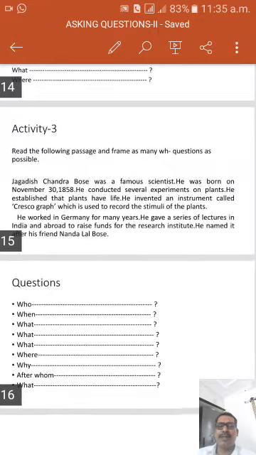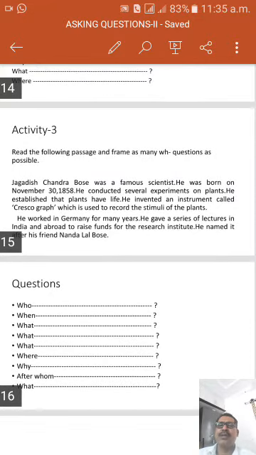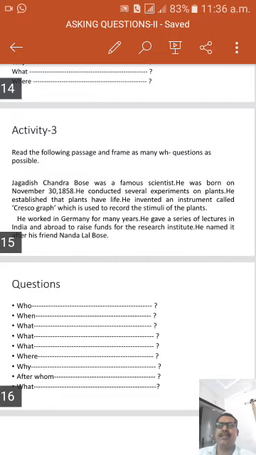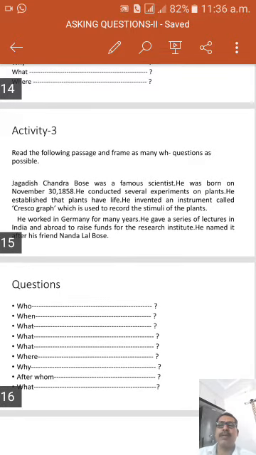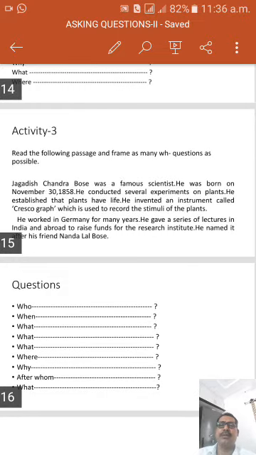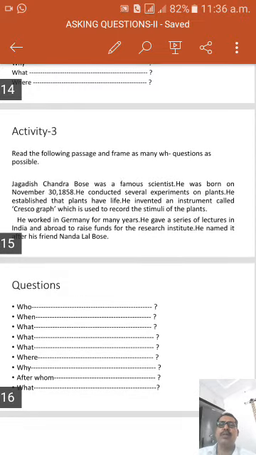I read the passage again. Jagadish Chandra Bose was a famous scientist. He was born on November 30, 1858. He conducted several experiments on plants. He established that plants have life. He invented an instrument called crescograph, which is used to record the stimuli of the plants.